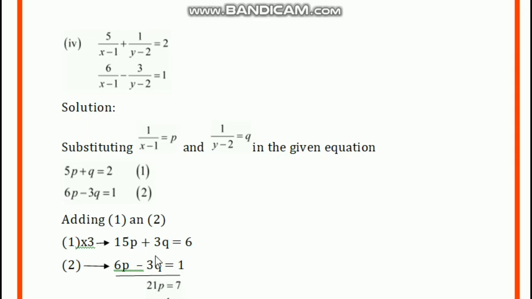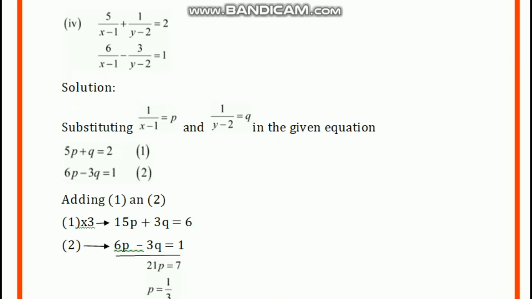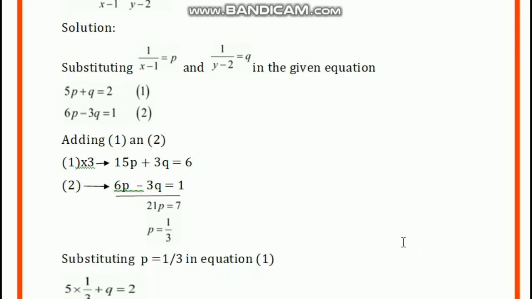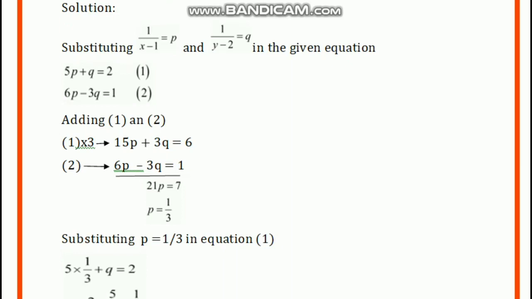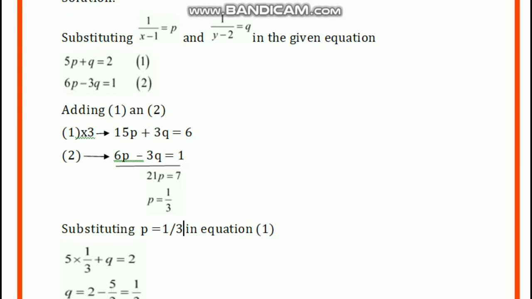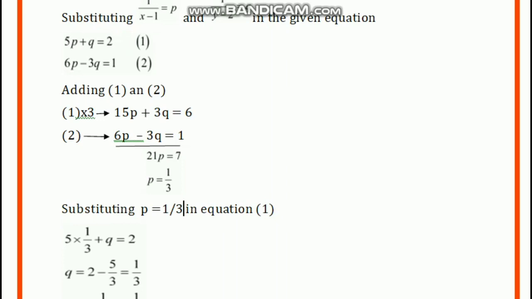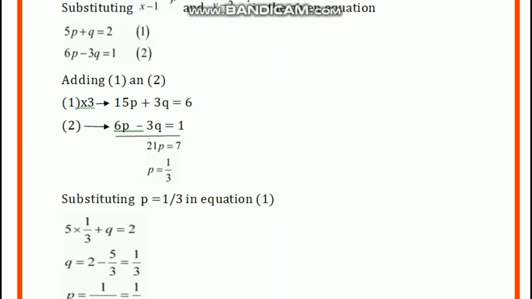If we add these two, 3q will be cancelled, then the remaining 15p plus 6p is 21p. 21p equal to 7. Then what is the value of p? P is equal to 7 divided by 21. If we simplify, we will get p equal to 1 by 3.